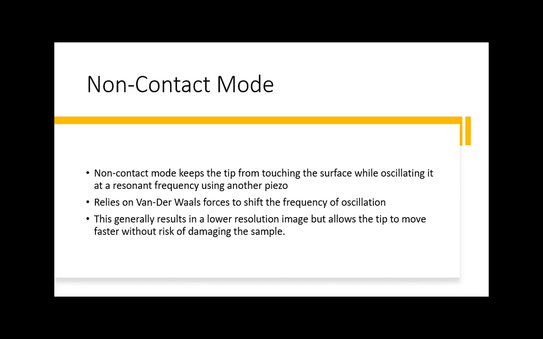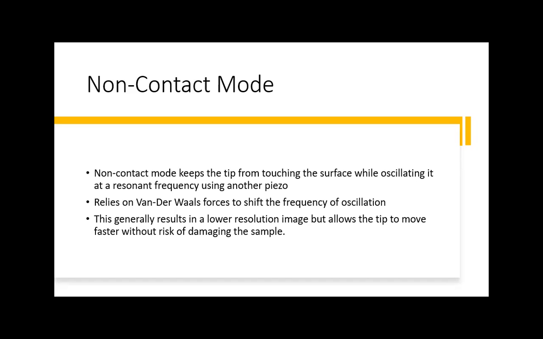As it hits a surface detail, it will be pulled out of that resonant frequency just based on van der Waals forces. It shifts the oscillation out of that frequency, and we drive it some more until it hits its resonant frequency again. That is interpreted by the computer.